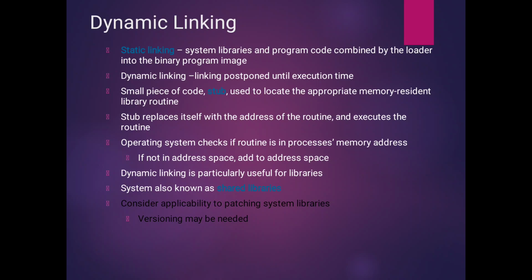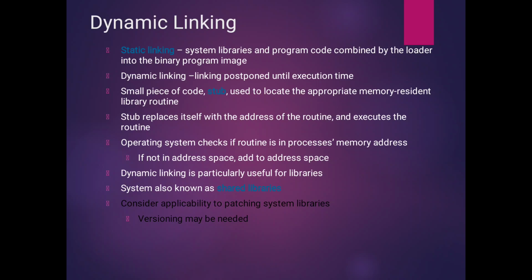Now dynamic linking. In static linking, the system libraries and program code are combined as required for the execution or the completion of the program process. In dynamic linking, the program can link from the libraries using a set of stubs.